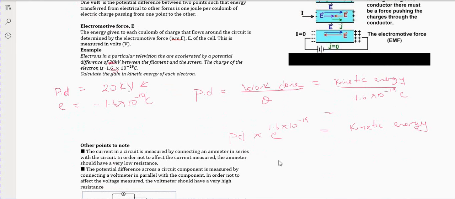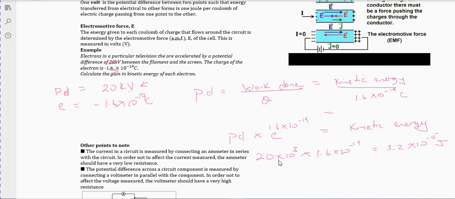We know the PD is 20 times 10 to the 3 volts, times the 1.6 times 10 to the minus 19, which will give us the kinetic energy of a single electron. By working that in your calculators, we should get a kinetic energy of 3.2 times 10 to the minus 15, and the unit would be joules.